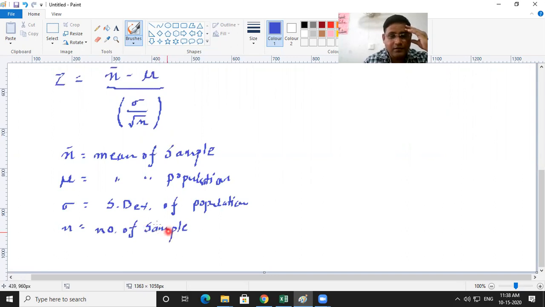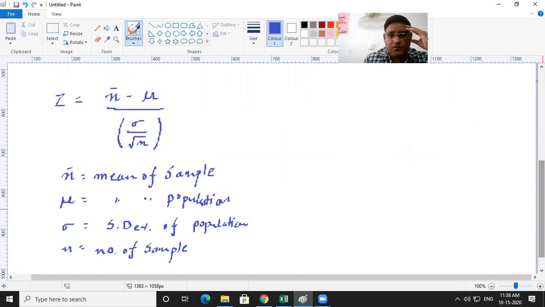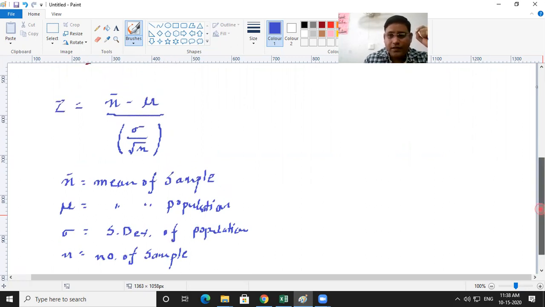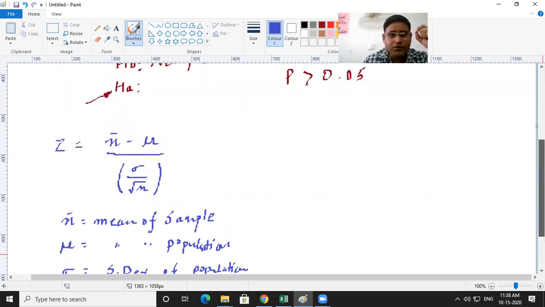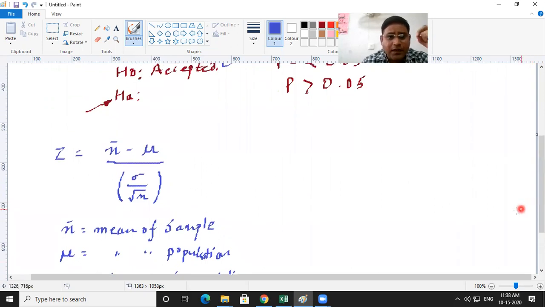Now, we apply Z test only when we are going to check whether the sample which we have taken from the population is representing that population or not.